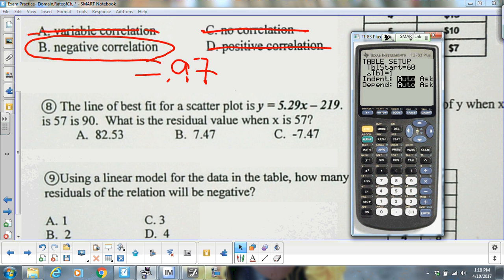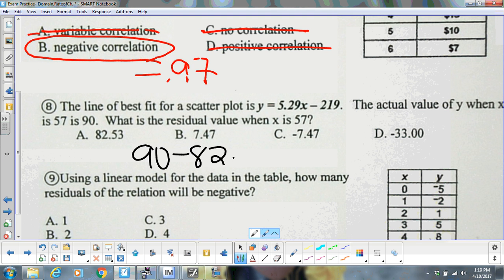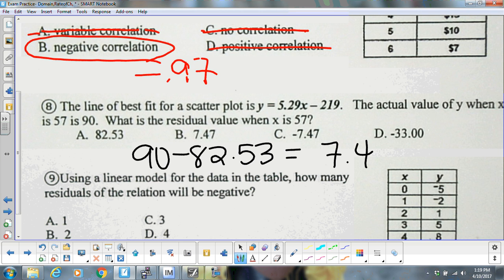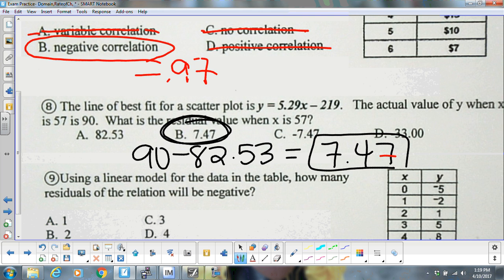So we need to do second window and a prediction for 90. Oh, X is 57, sorry. So it is 90 minus 82.53, which is going to give you a difference of 7.47. So that is a positive 7.47, or B.